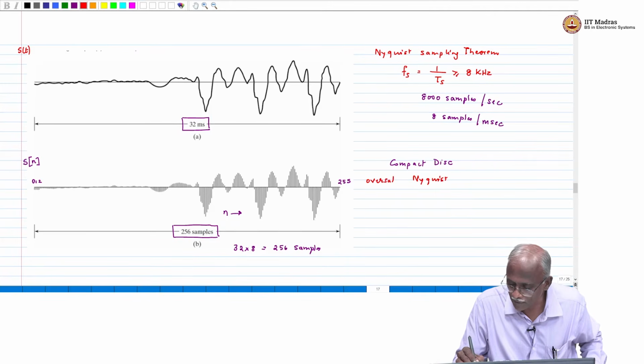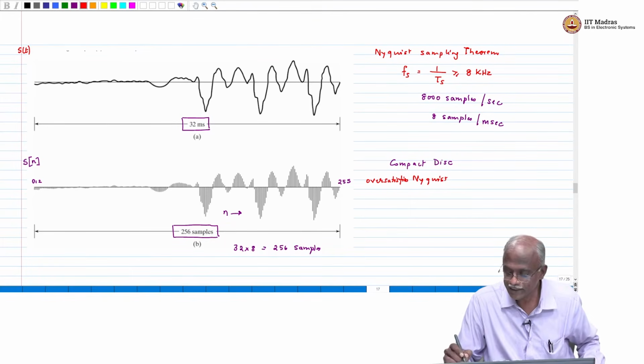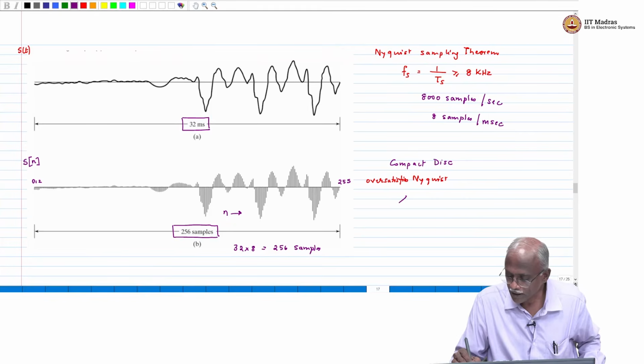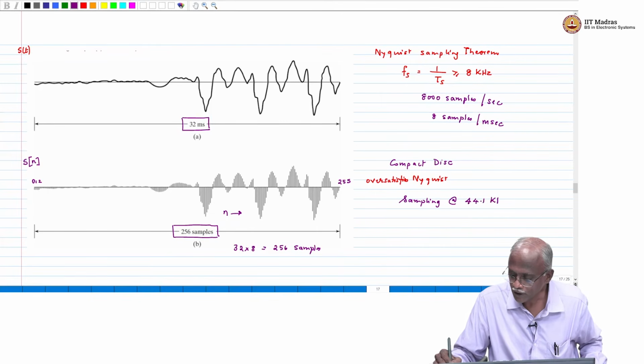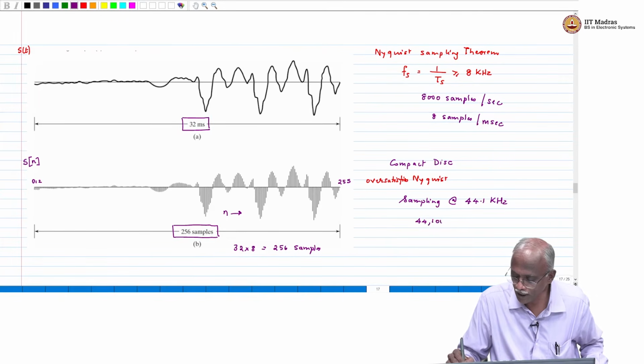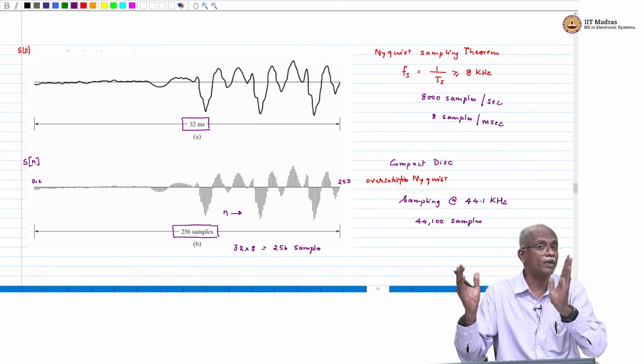Okay, and we will look at why you would want to over satisfy, not the minimum, but more than the minimum, and does a sampling at 44.1 kilohertz sampling rate. That means 44,100 samples per second is the rate at which the CD signal will be played back.